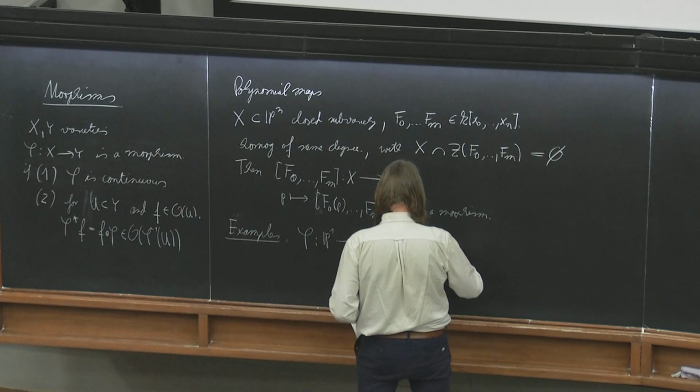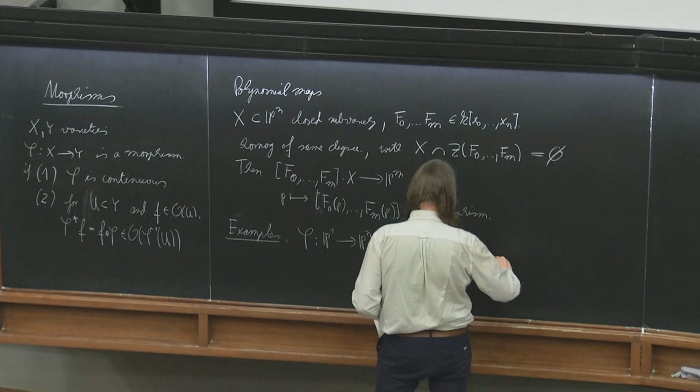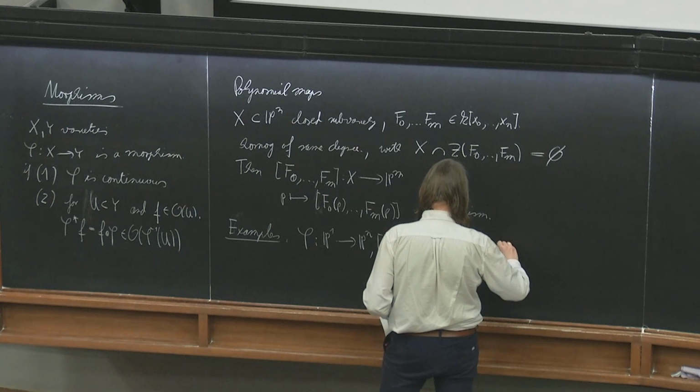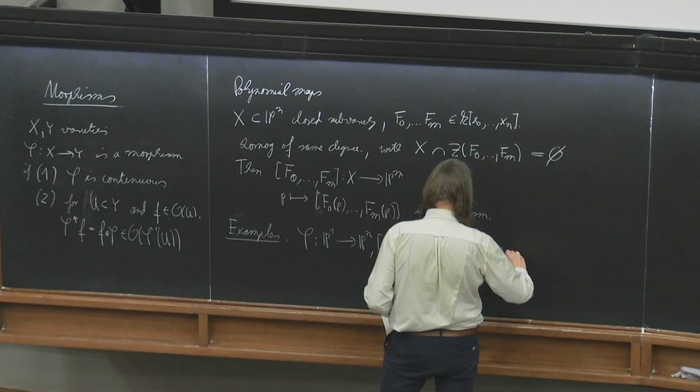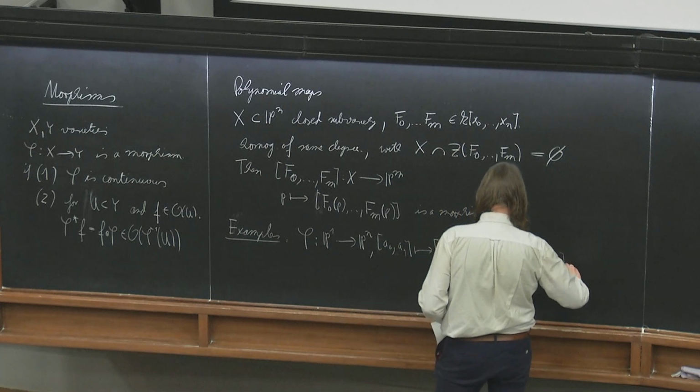So I have A0 to the n, A0 to the n minus 1 A1, A0 to the n minus 2 A1 squared, and so on until A1 to the n.